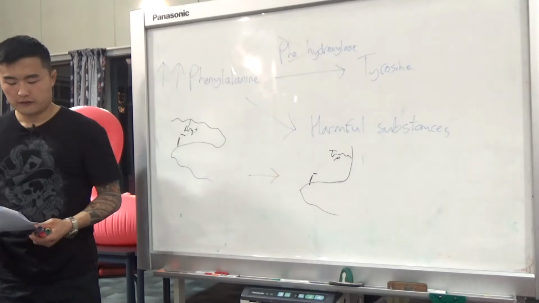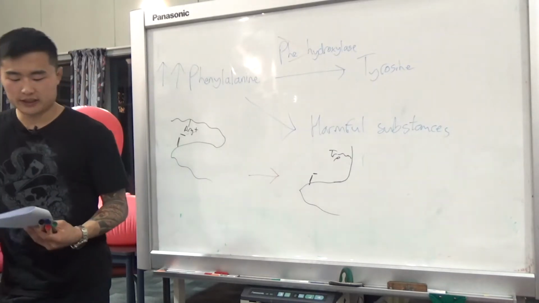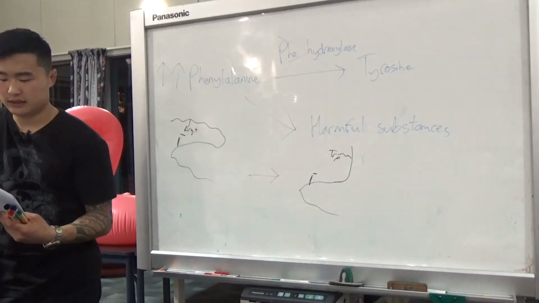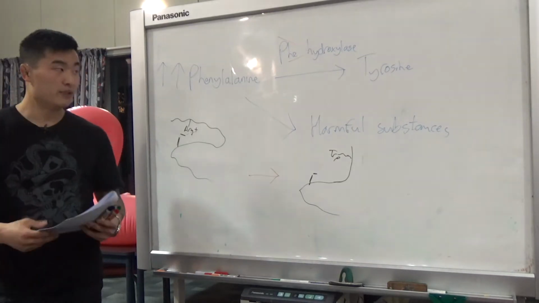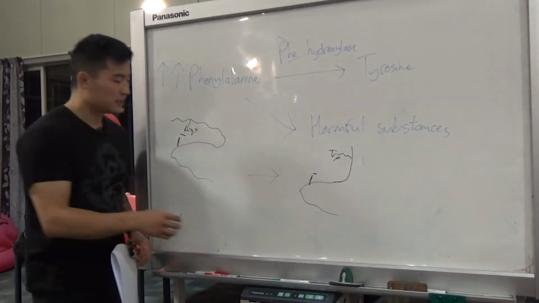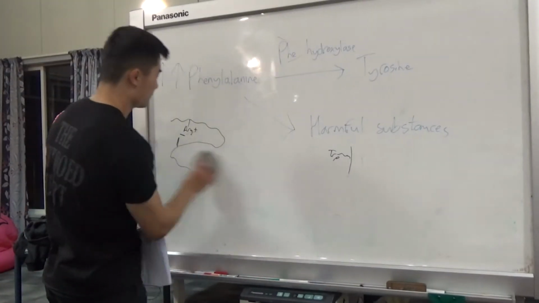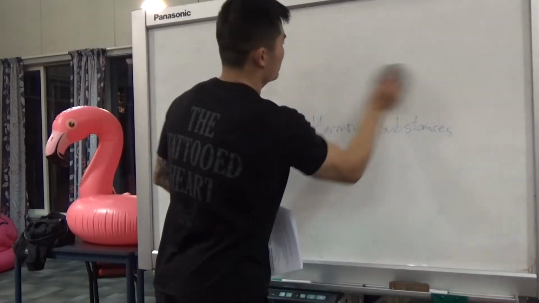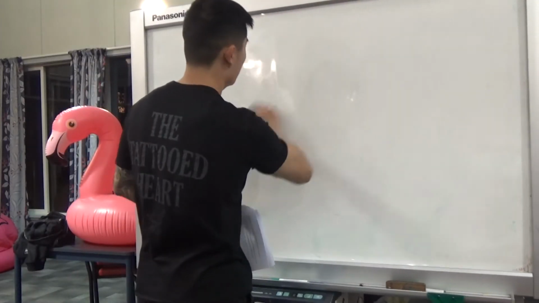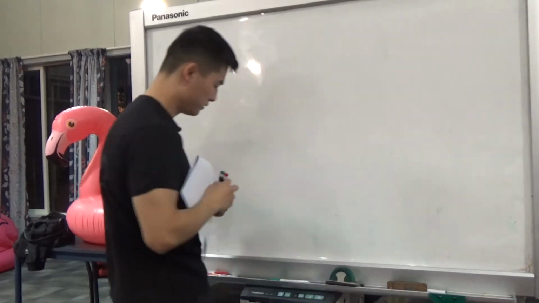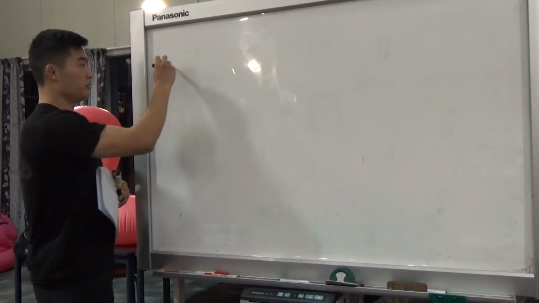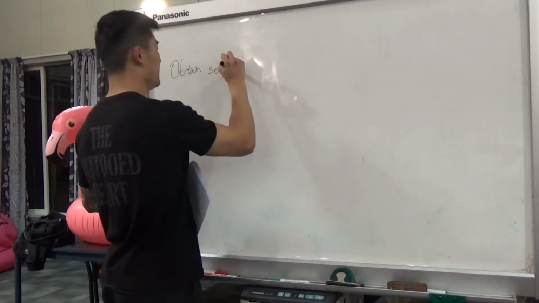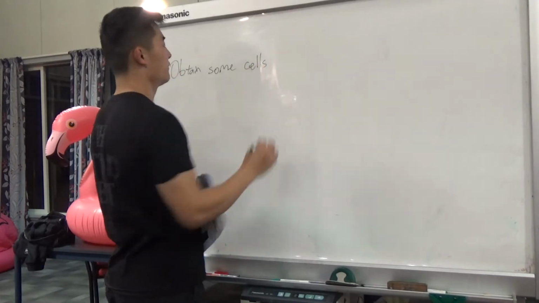So for these genetic disorders, you can perform genetic testing. So what will usually happen is that you'll want to first of all obtain some cells from that person.